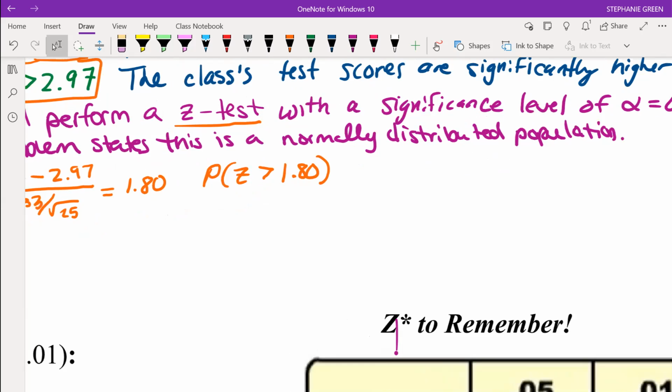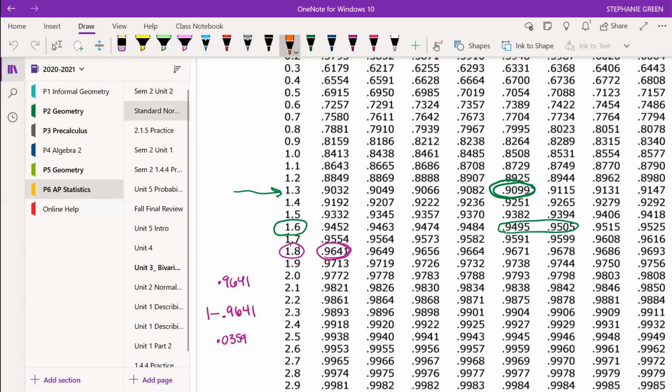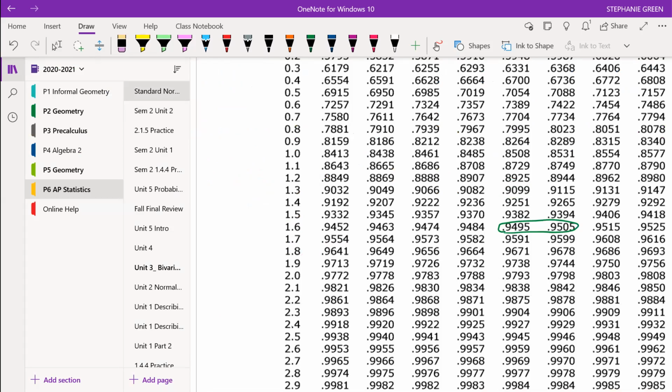So we're going to look at our standard normal table for the probability of z being greater than 1.8. Okay, so here's 1.8. 1.80 has this probability of being below. So this standard normal table only gives us the probability that z is less than or equal to that number.